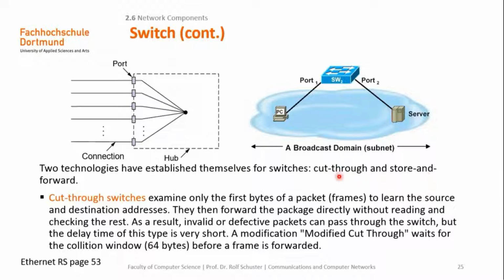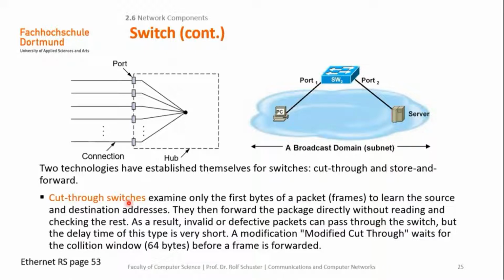But in fact, the function performed by that kind of devices is the store and forward. The cut-through, we will see that it's only possible when the ports have the same bit rate.